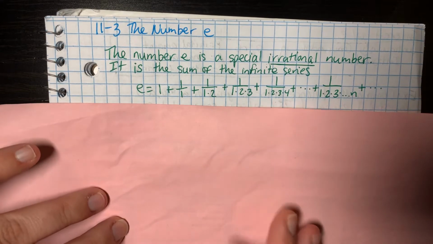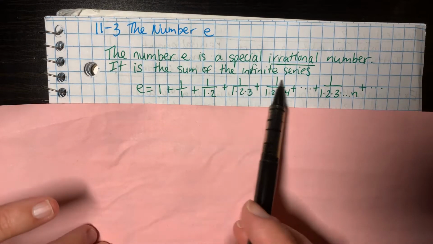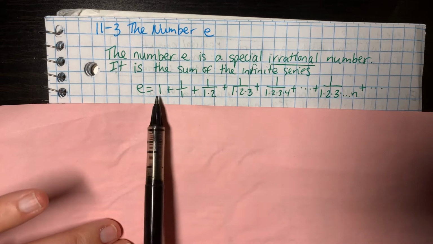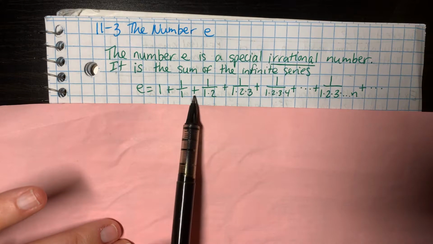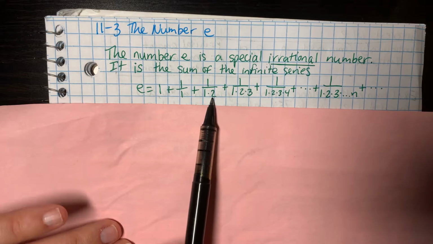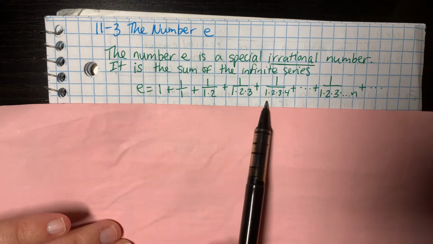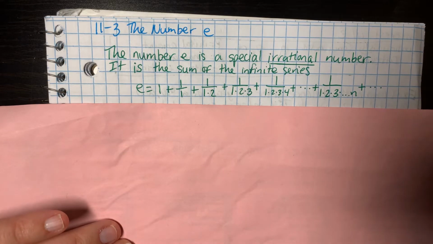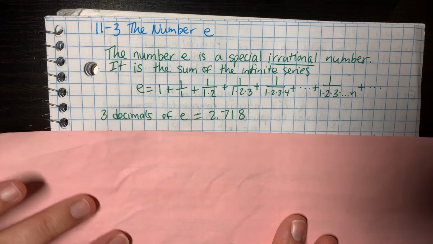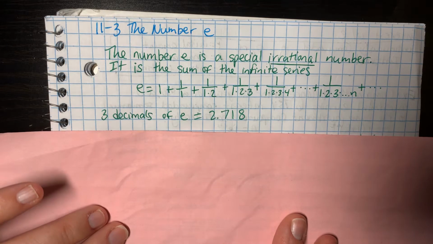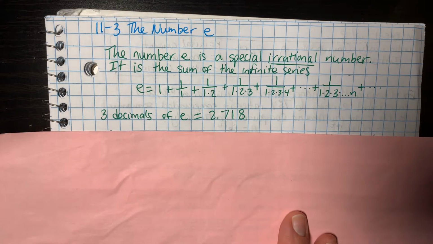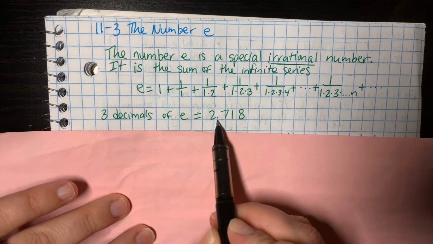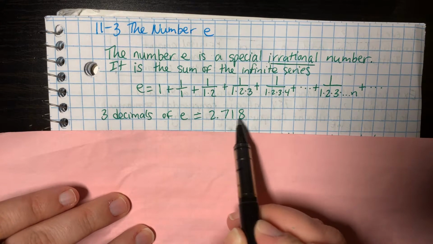What it is defined as is the sum of the infinite series 1 plus 1 over 1 plus 1 over 1 times 2. You can see working its way down, it keeps going on forever. If we were to approximate it to 3 decimals, it would be 2.718.